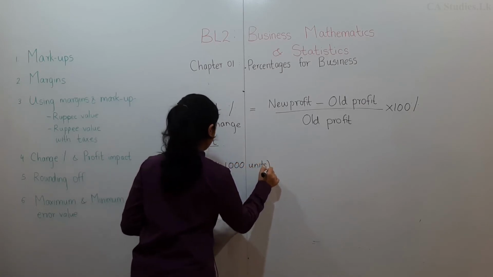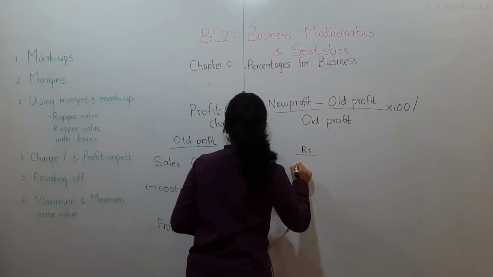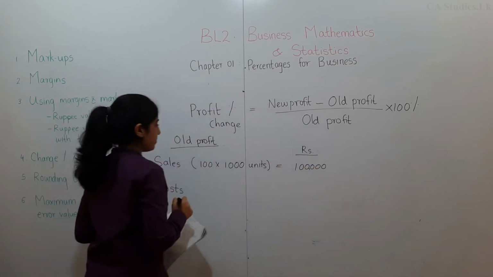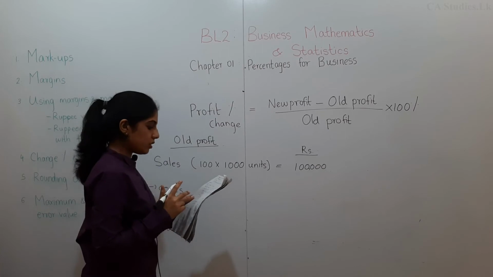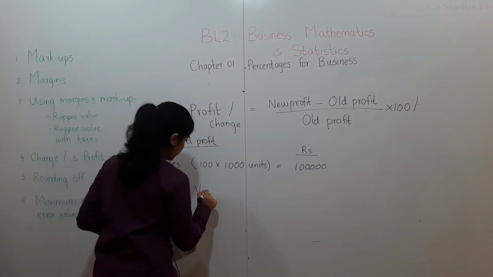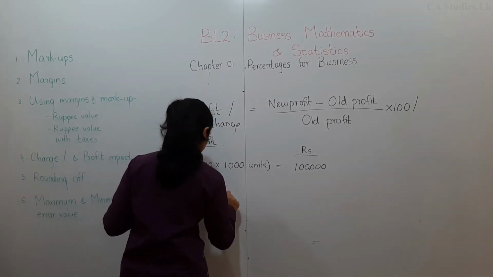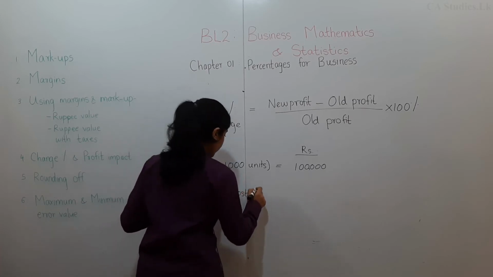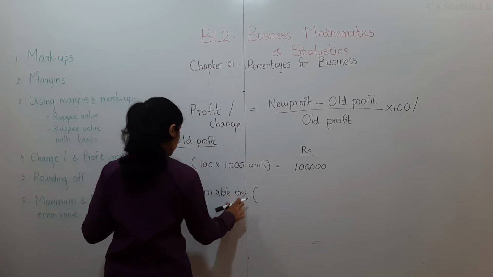So the value in rupees is 100,000. Under cost they gave variable cost and fixed cost. Variable cost is given per unit.